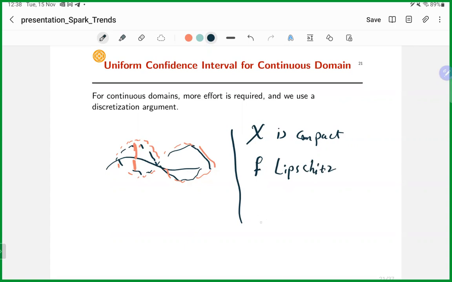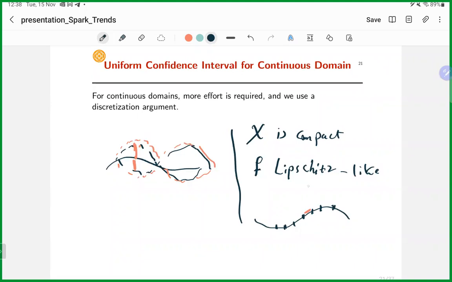When we use this discretization, what we find also holds for the other points which are not in the discretization. So the assumption has two most important things: X is compact and f has some Lipschitz-like properties, which are not very restrictive assumptions. They are common and standard assumptions.